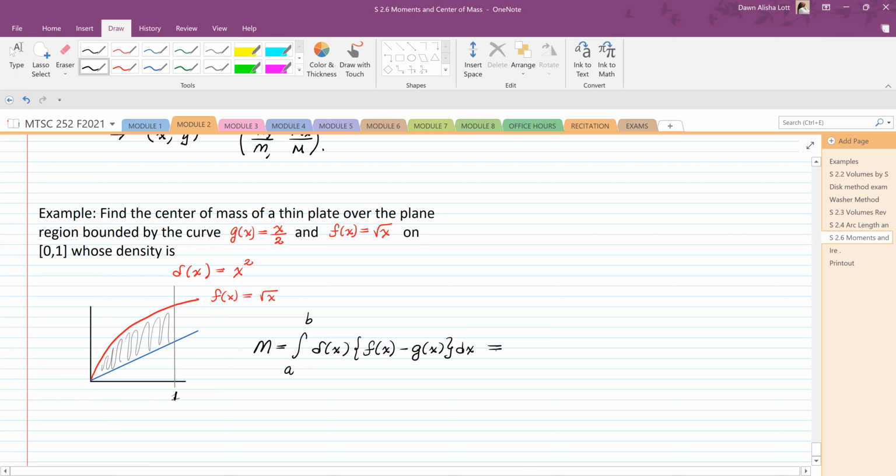So you would change it to x squared times square root of x subtracted by x over 2. You want me to change dx too? No, it's just dx. Okay. I need limits of integration. So then the limits of integration would be 0 to 1. Okay, good.